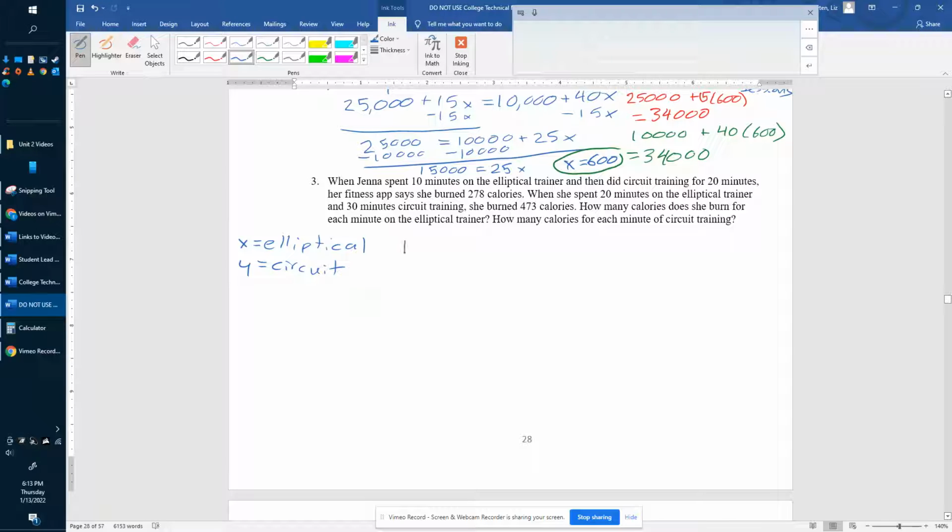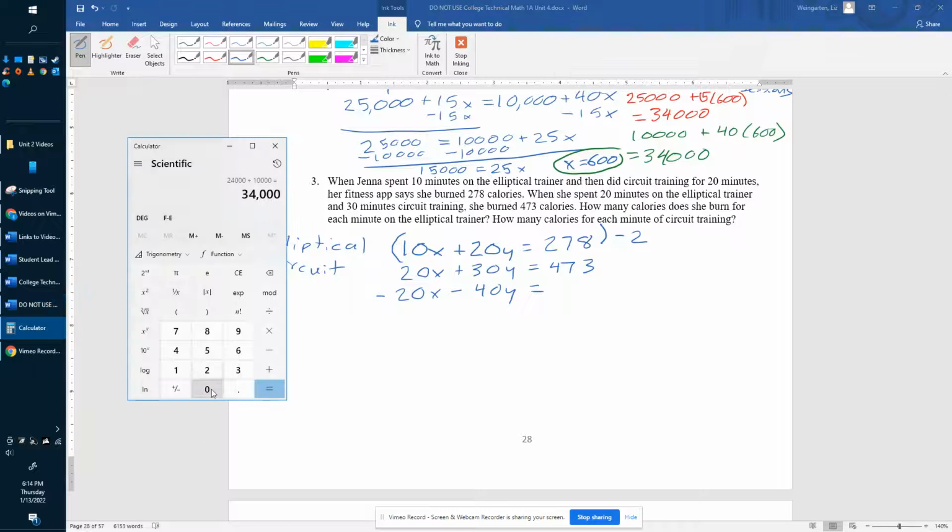So she spent 10 minutes on the elliptical and 20 minutes on the circuit, and she burned 278 calories. She spent 20 minutes on the elliptical and 30 minutes on circuit training, and she burned 473 calories. So this one, I'm going to use elimination. I'm going to multiply this top one by a negative 2. So we'll have negative 20x minus 40y equals 2 times 278.